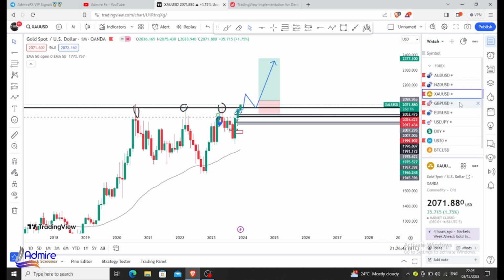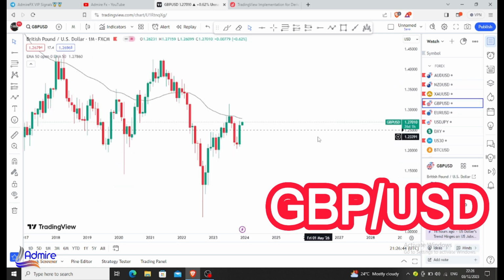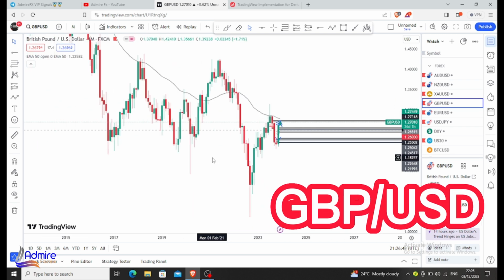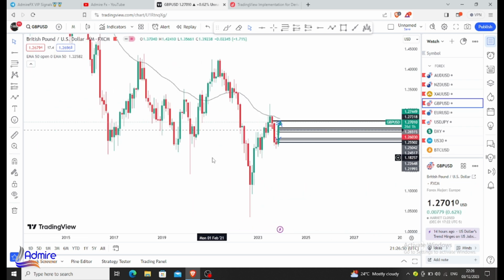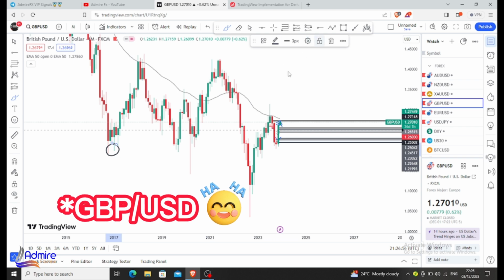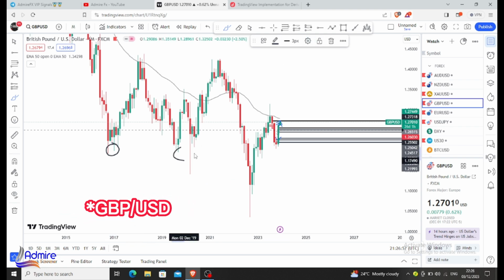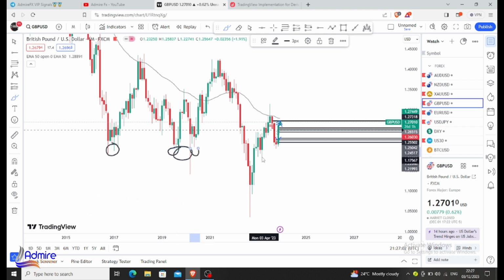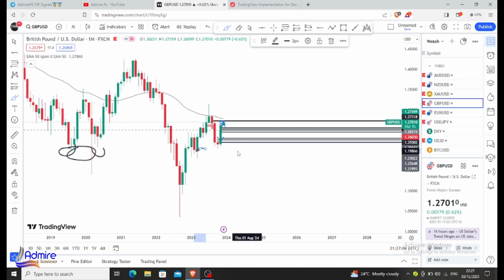So up next is GBPUSD. For those of you that have been following us, you can remember when I told you guys that it has been bouncing off this level: first touch, second touch, third touch, fourth touch, and this was a fifth touch here.